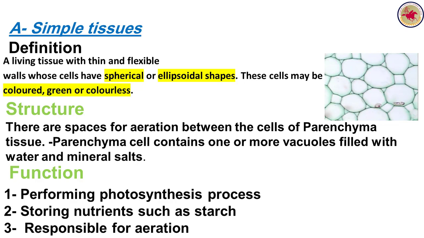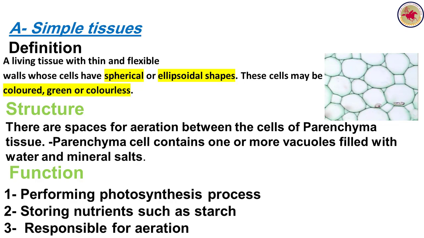Parenchyma is a living tissue with a thin and flexible wall. Its wall is made from cellulose, so without any thickening. It may contain chloroplast or may be empty of chloroplast. If it contains chloroplast, its function is performing the photosynthesis process.